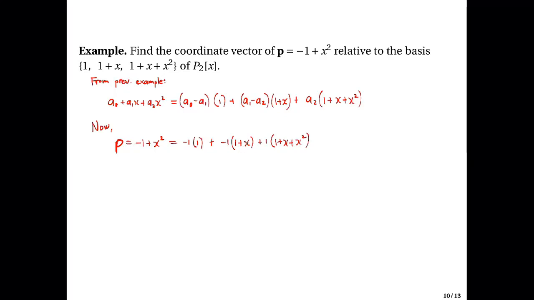This means that the coordinate of the vector P relative to the basis S is equal to (-1, -1, +1).